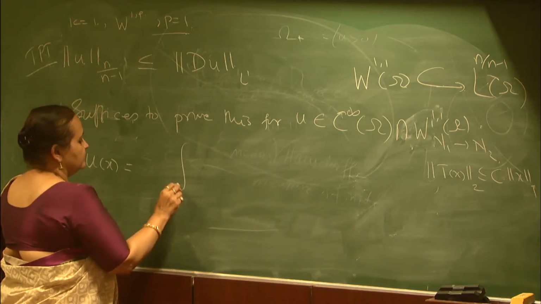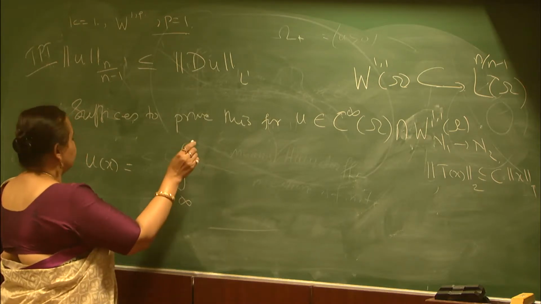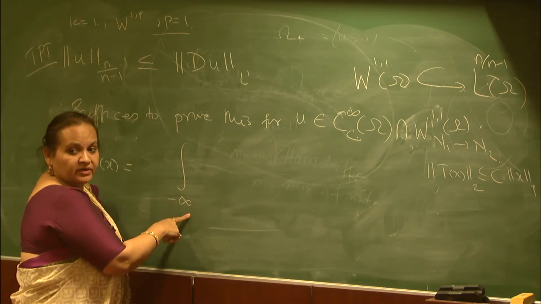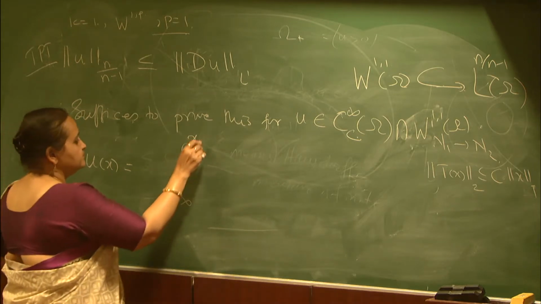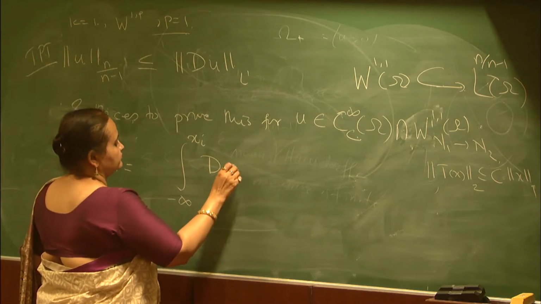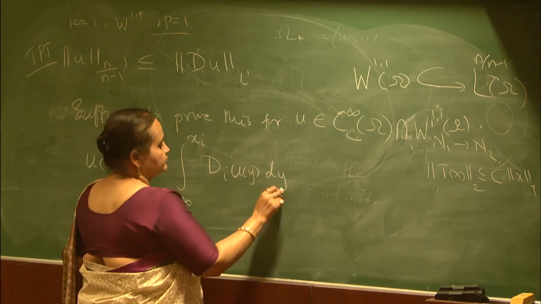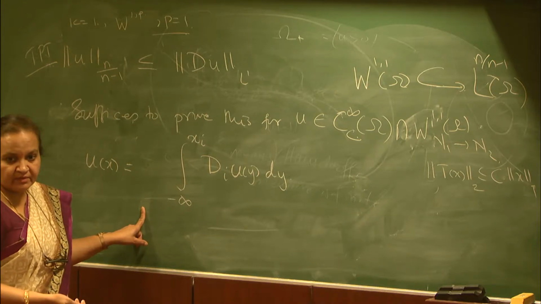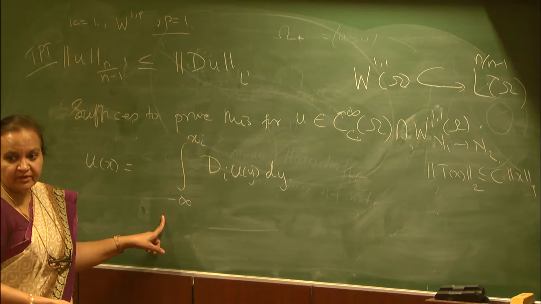Take C infinity functions with compact support, and take the integral from minus infinity to x_i, where the function vanishes on the boundary.